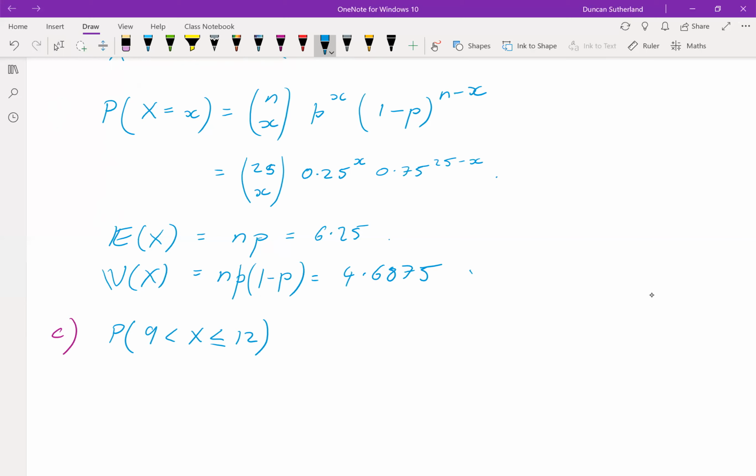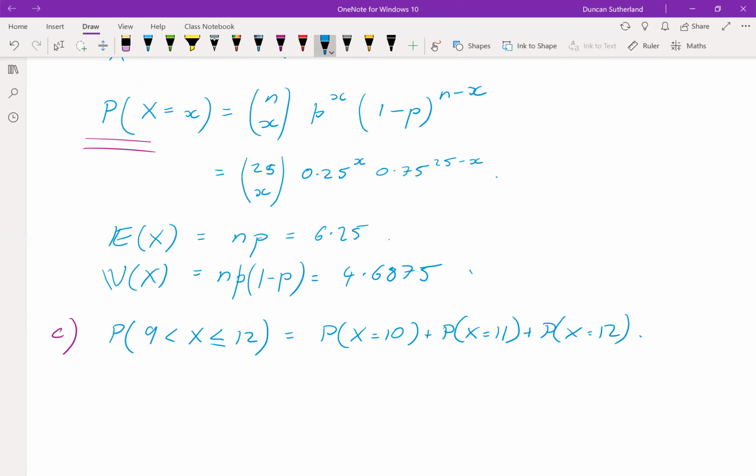Because we've got a discrete distribution, we've got 10, 11, and 12. This isn't actually particularly difficult to break down. It's P(X=10) plus P(X=11) plus P(X=12), like so. And because we have our formula up here, we've just got to stick in for 10, 11, and 12.